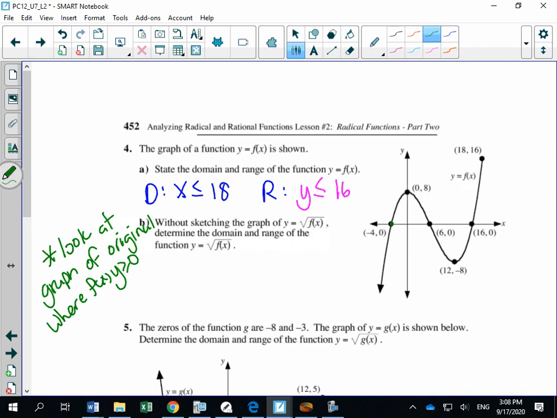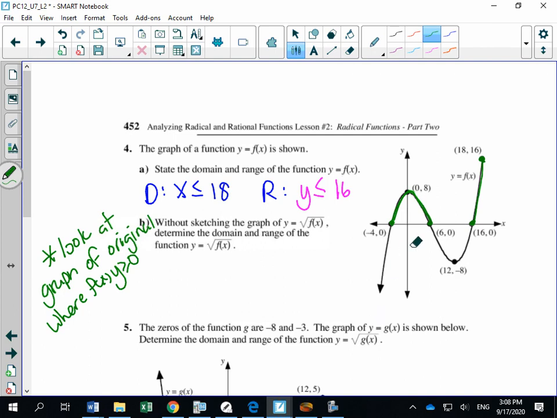From here to here, this piece of my graph, the y values are greater than or equal to 0, as is this piece of my graph, from here to here. Why do we care about where our graph is greater than 0?